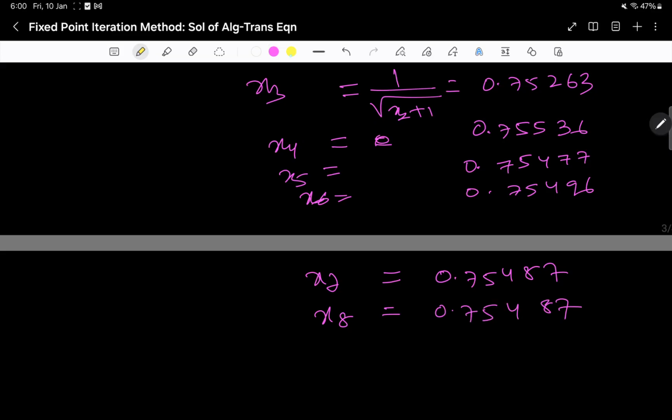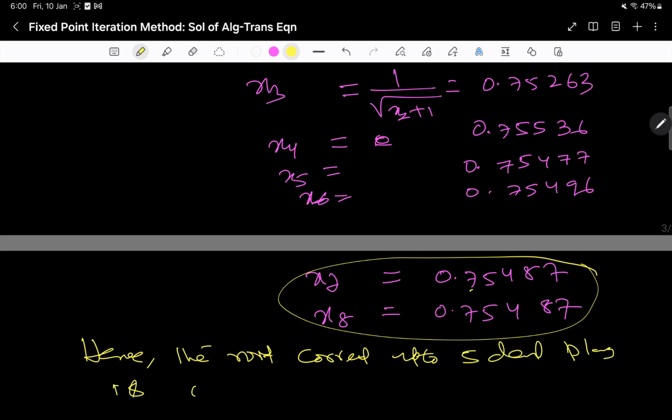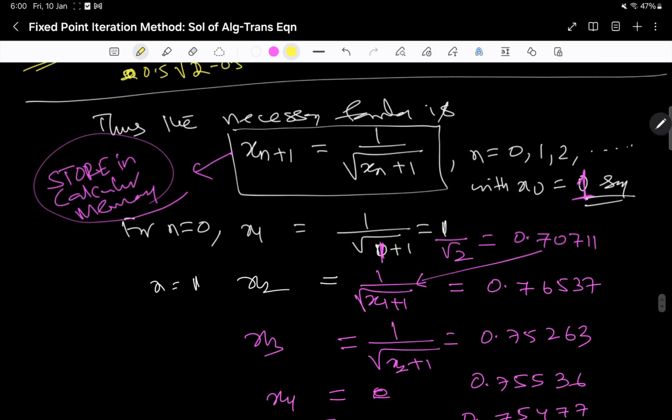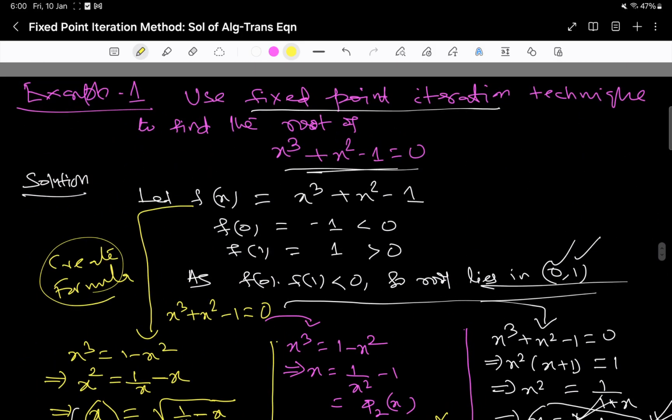You see now at this stage these are correct up to 1, 2, 3, 4, 5 decimal places. Hence the root correct up to 5 decimal places is 0.75487, right?